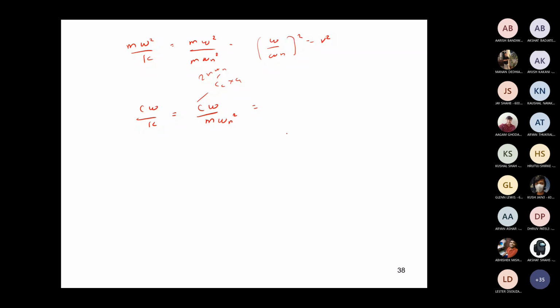Substituting that, this becomes 2m omega n zeta into omega divided by m into omega n square. So that is equal to 2 zeta into omega by omega n. This term omega by omega n is called the frequency ratio. So omega by omega n is r, the frequency ratio.